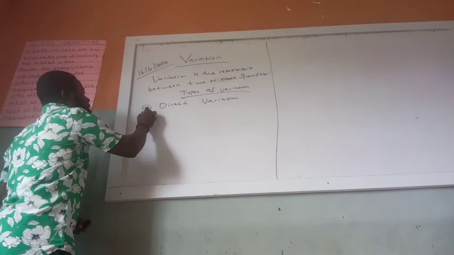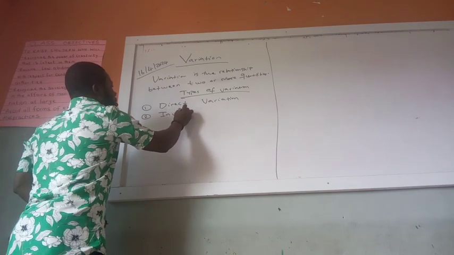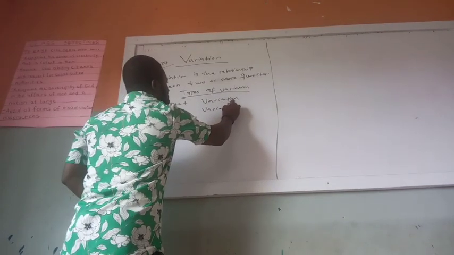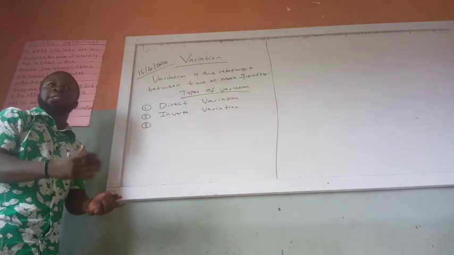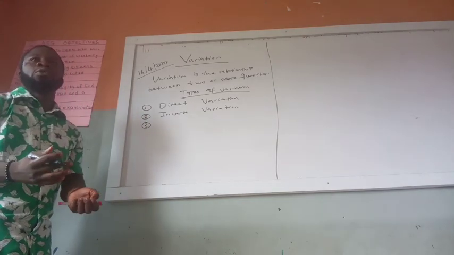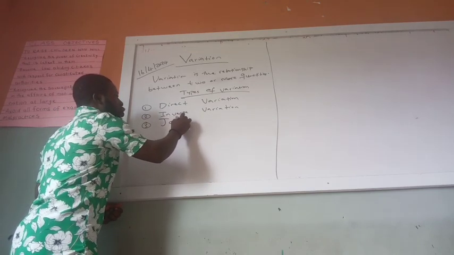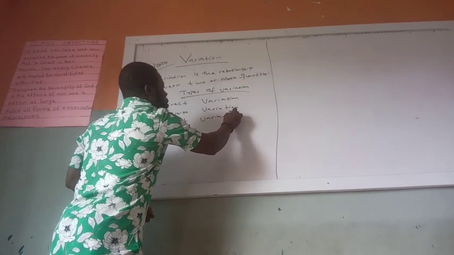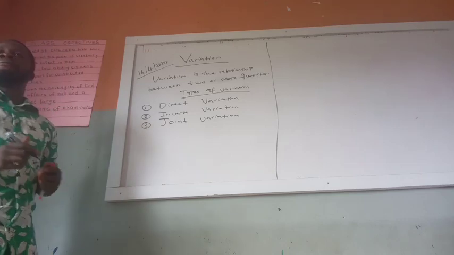The second one is inverse variation. And third, for your level, since this is junior secondary school category, you can just touch this part, which is joint variation. That is a variation combining both direct and inverse.